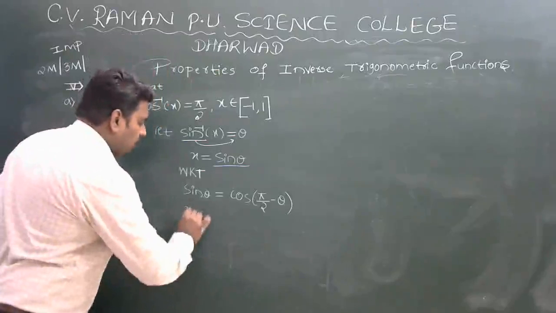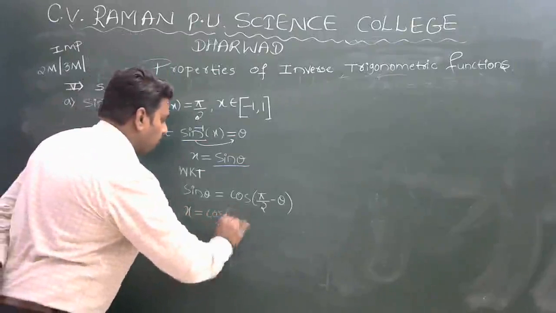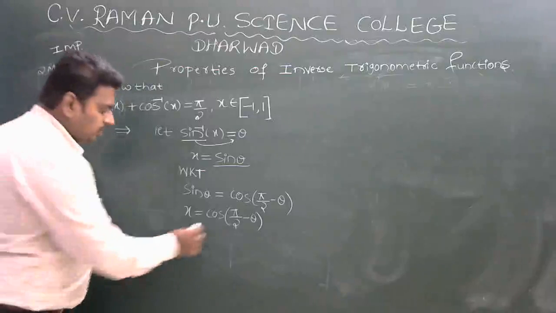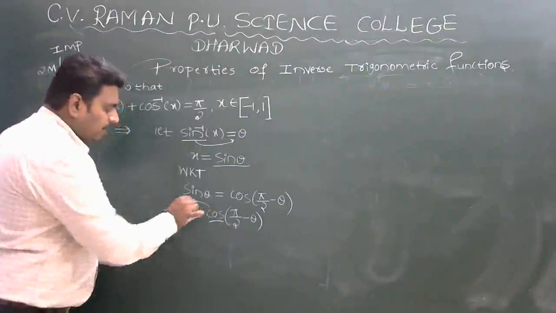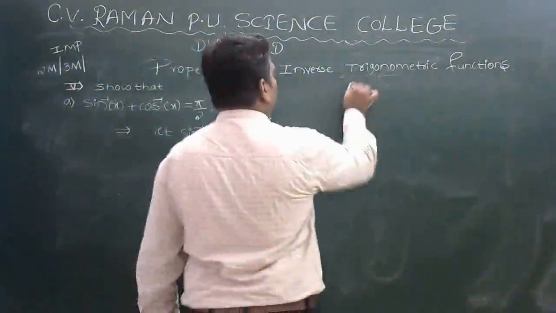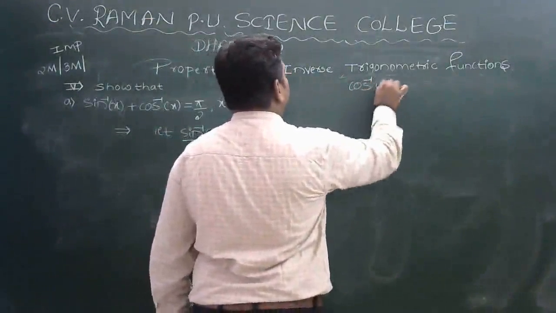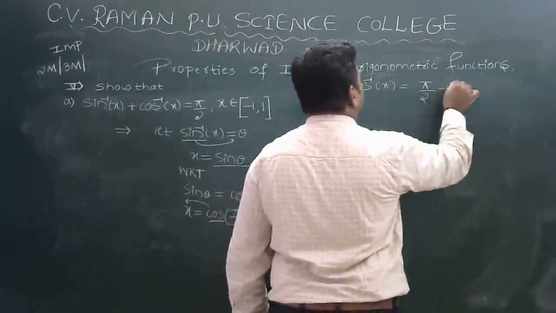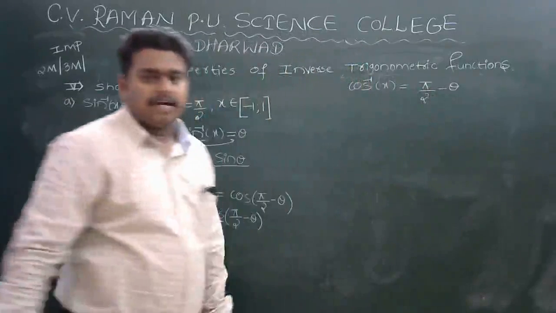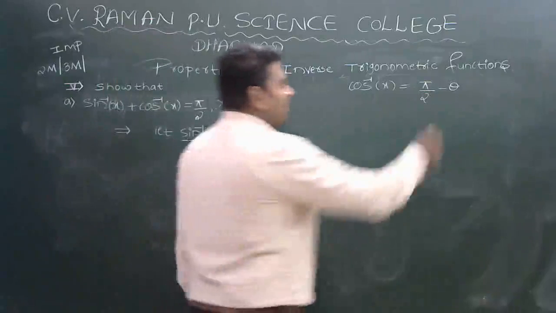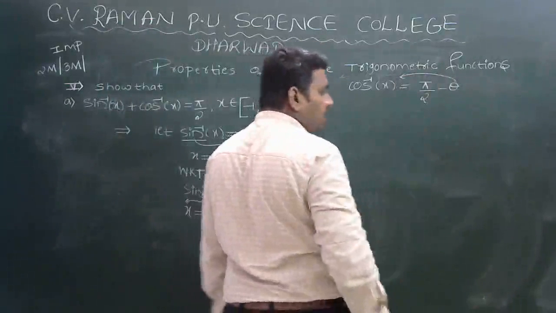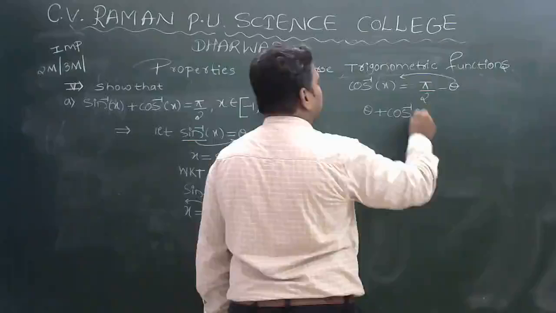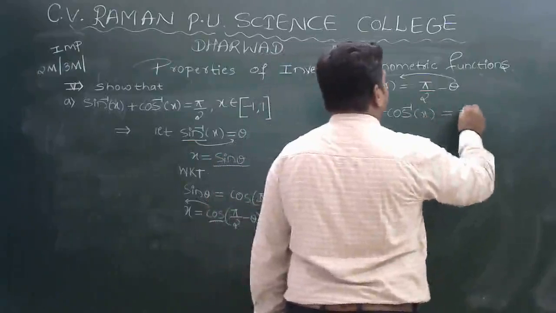So it becomes x equals cos of pi by 2 minus theta. Just shift this cos to your left hand side. It becomes cos inverse of x equals pi by 2 minus theta. Shifting this minus theta to this side becomes plus theta. So this becomes theta plus cos inverse of x equals pi by 2.